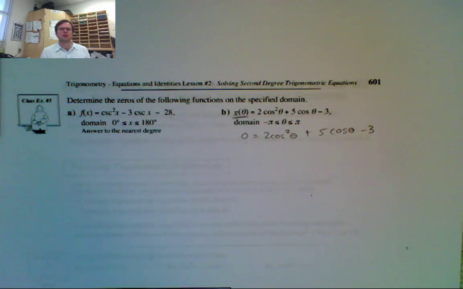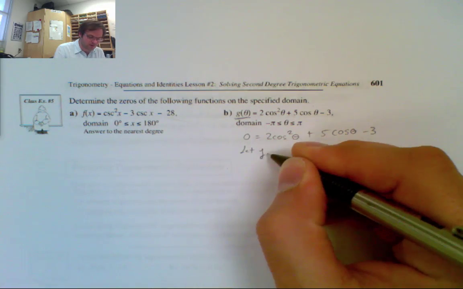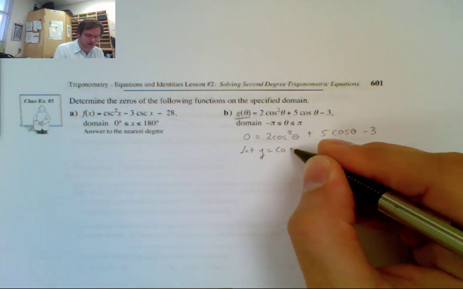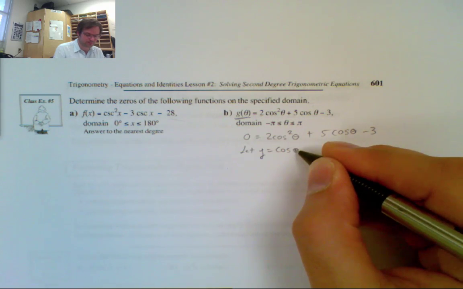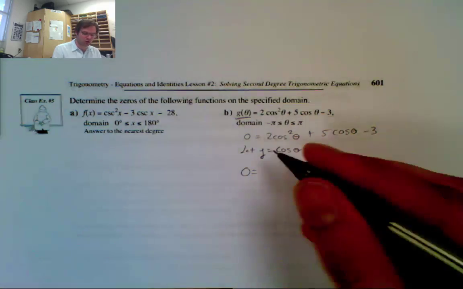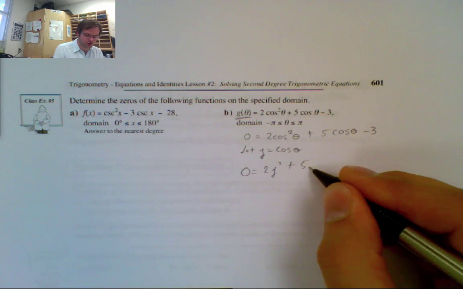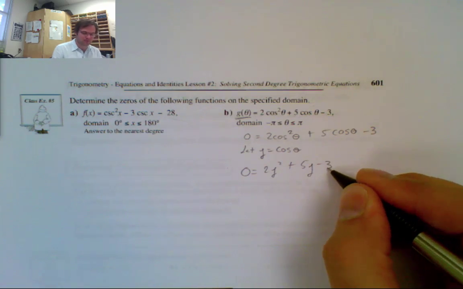Now this looks complicated, so I'm just going to let j equal cos theta. So this is really 0 equal to 2j squared plus 5j minus 3.